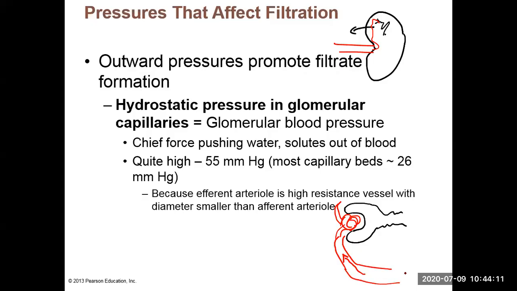This force that is operating in here ultimately is coming from the heart, right? So the heart contracts due to the systemic circulation. This blood is going to go through the renal arteries and to the kidneys, and then filtration is going to take place right over here.